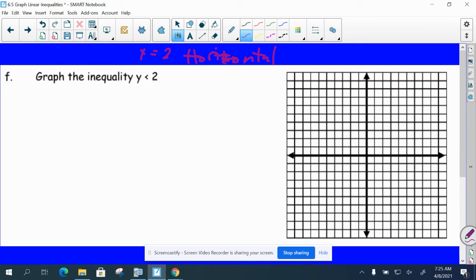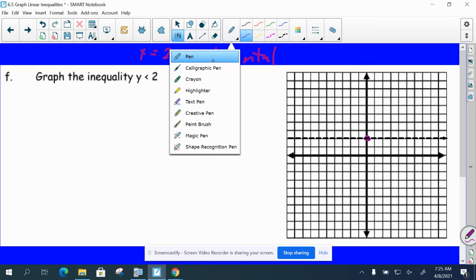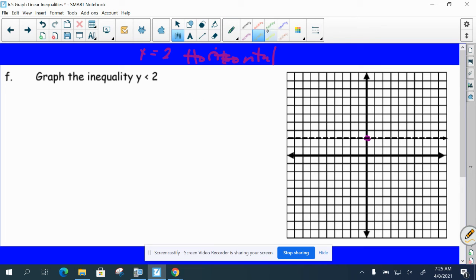So that means we put a point at 2 on the y-axis and draw our line going horizontally. Now, since it's less than, that means we're going to be using a dotted line, and we're going to be shading below it. So there's our dotted line, and then our shading will be everything below it.